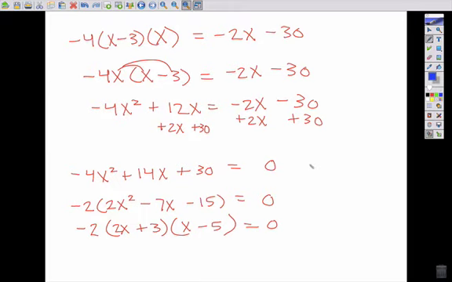And then if we want a product of 0, and we have 3 factors here, at least one of these factors needs to be 0. So I'm going to start with this one. If we want x minus 5 to be 0, then x is going to be equal to 5. And on this one, if we want this factor to equal 0, I'm just going to write out. We have to solve it.